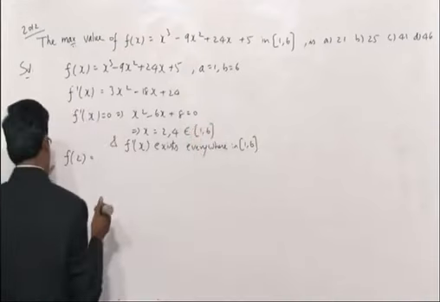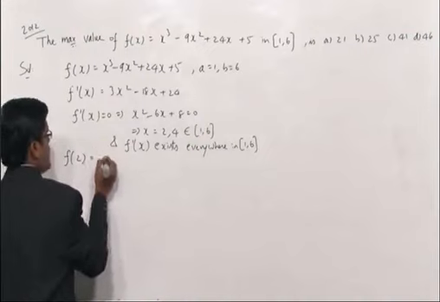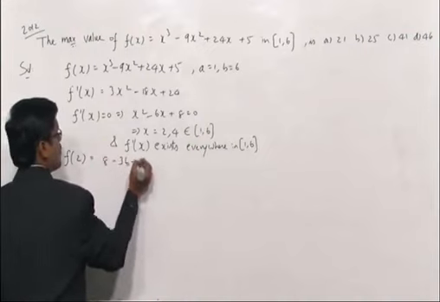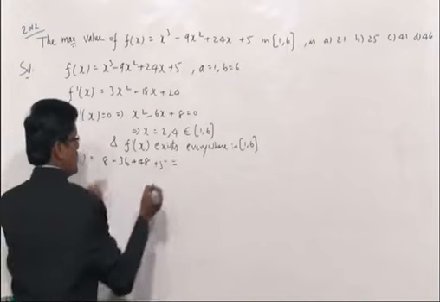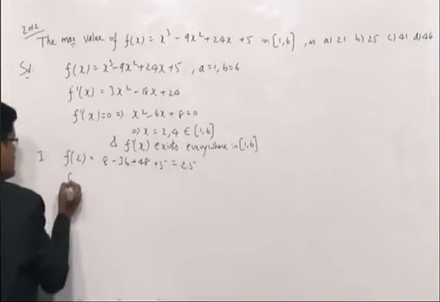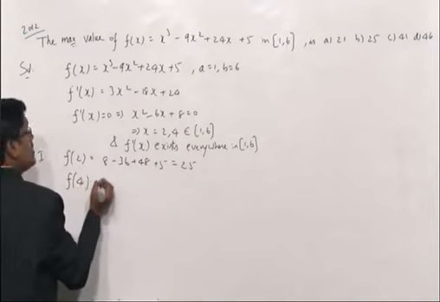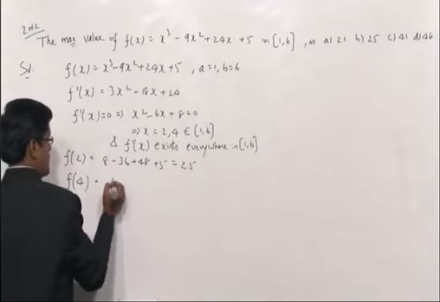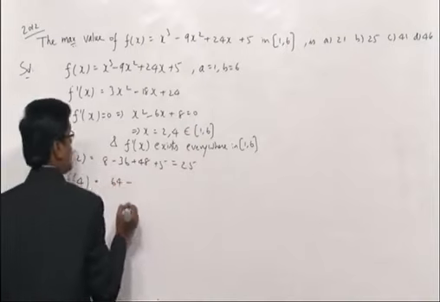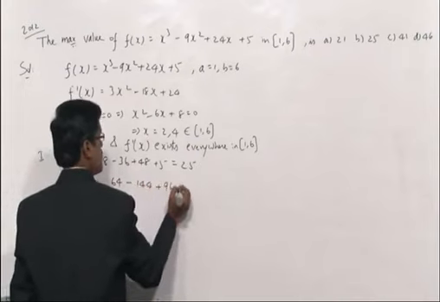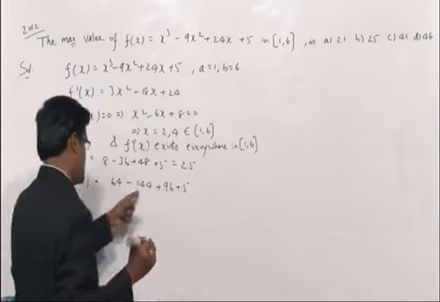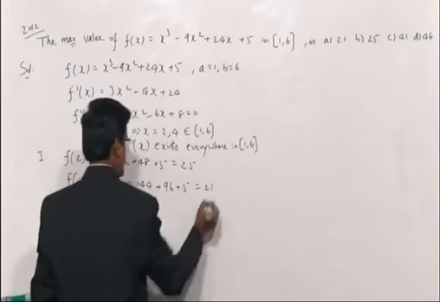f(2): substitute 2, 8 minus 36 plus 48 plus 5, which simplifies to 25. f(4): 4 cube is 64, 9 into 16 is 144, and 96 plus 5, giving 16 plus 5, which simplifies to 21.